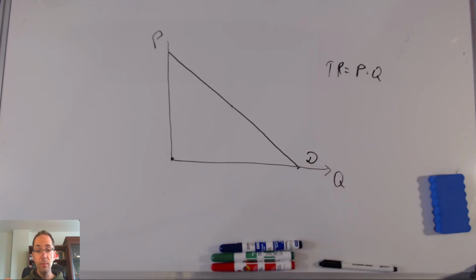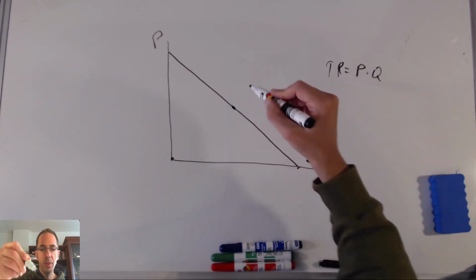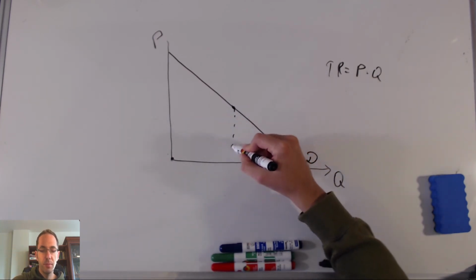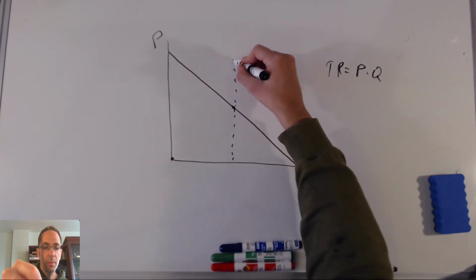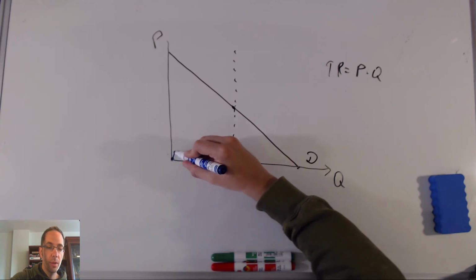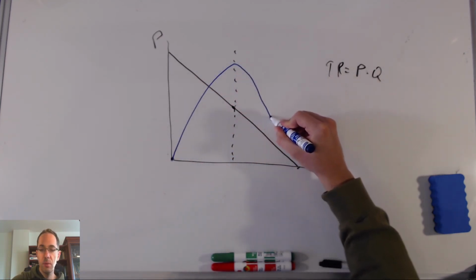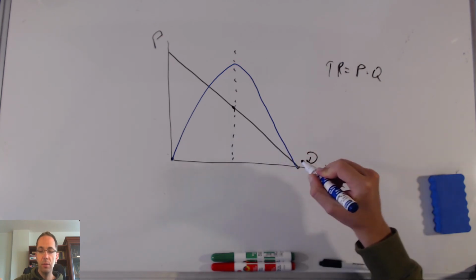Well, we saw that the total revenue is at its maximum at this midpoint here. So we can draw the total revenue like this. Let me use another color. It will increase until it reaches this point, and then it will fall until it reaches this point.